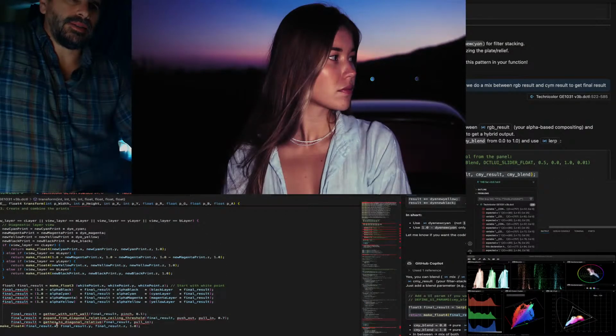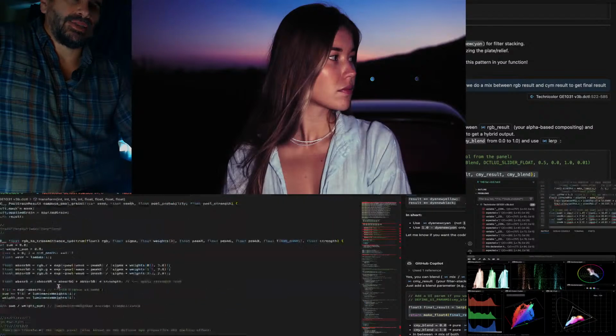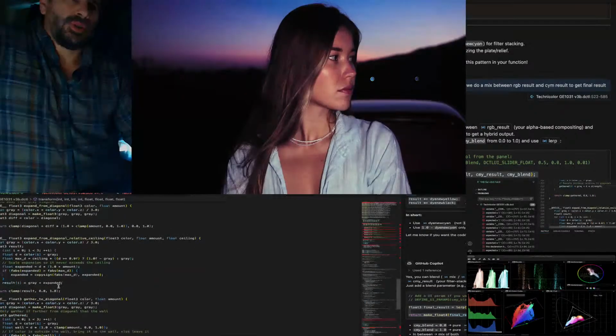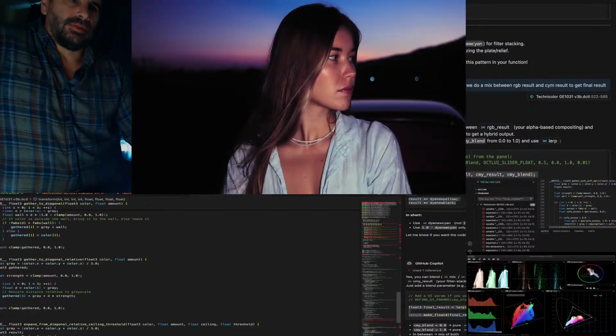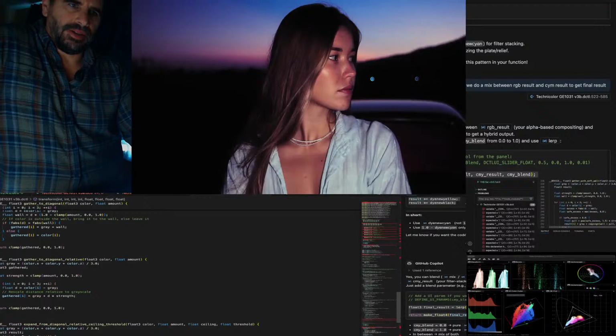Expand, gather to diagonal relative, gather to expand from diagonal relative, scaling the threshold. Yeah, I've made several variations of this. An absolute expanded is D, which is color minus the gray, 1 plus the amount times 1 plus the amount.